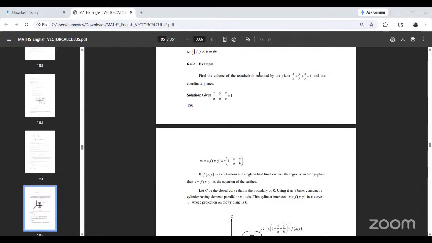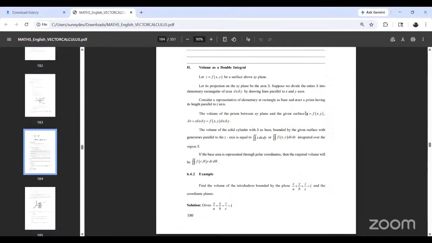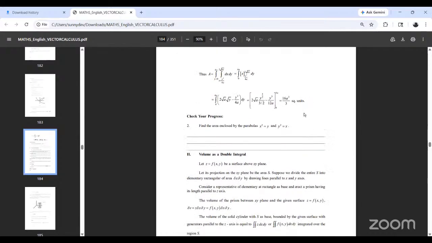So this is the thing. In the same way, we have to solve x square equal to y and y square equal to x.